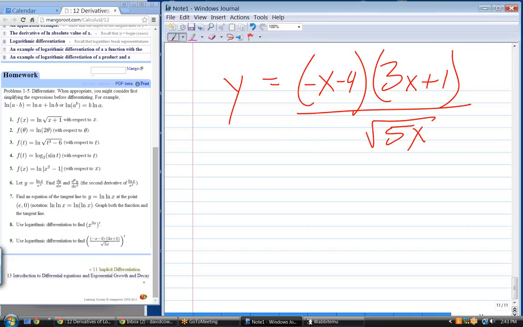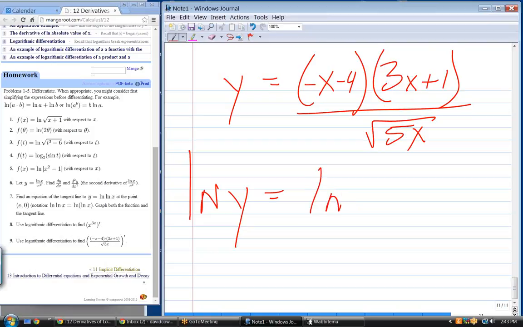But what if I take the natural log of everything? This is another problem where it can be easier taking the natural log of both sides. Why? Because now it allows me to take each of these things separately.